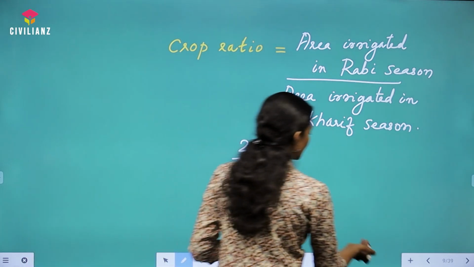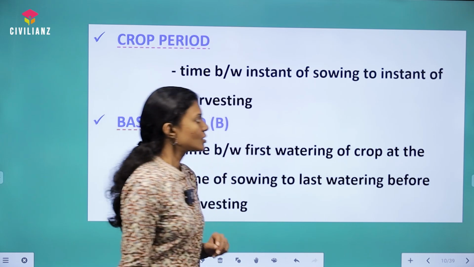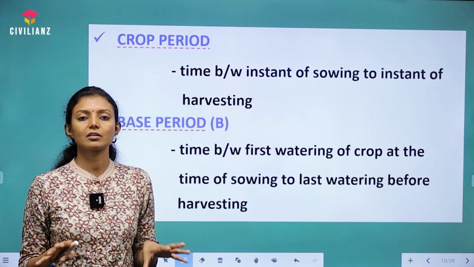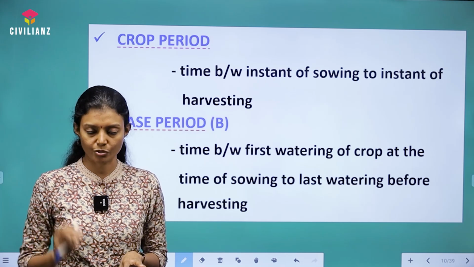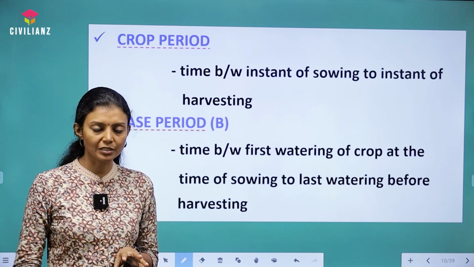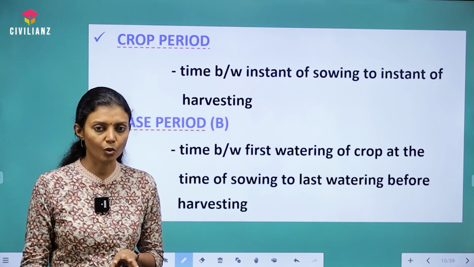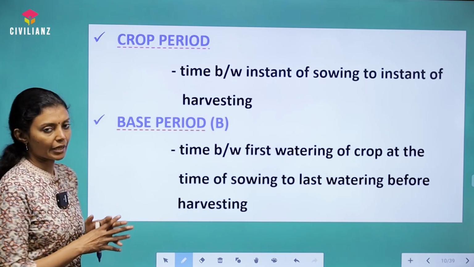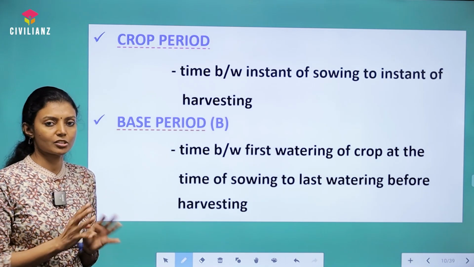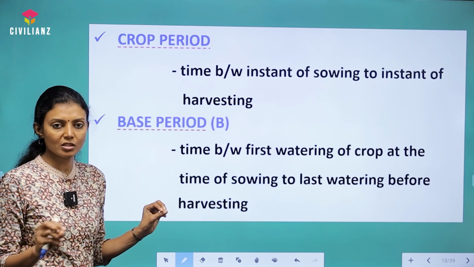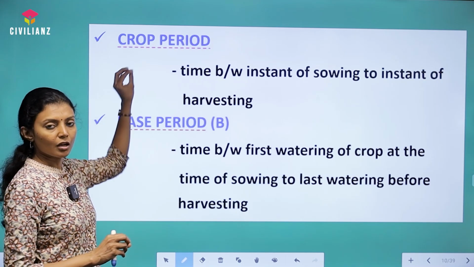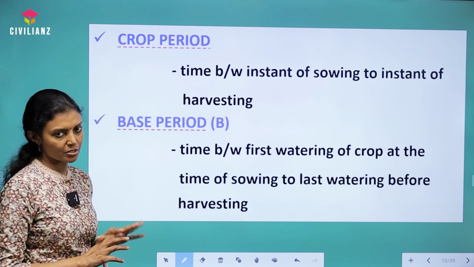Okay. Now moving on. We have discussed the various crops and crop seasons, and by now you know the examples also. Now we will move further and deal with other requirements. During cultivation or a growing season, we divide the growing season into 2 time periods, crop period and base period.